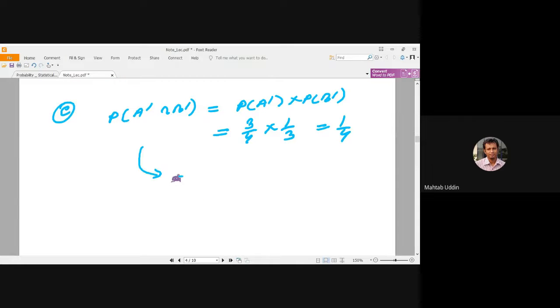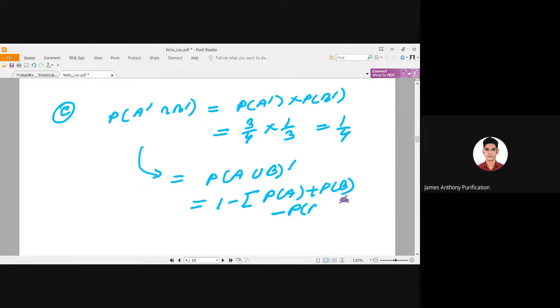That is 1 minus P of A union B, which is P of A plus P of B minus. Look at this, it is so lengthy, right? Yes, sir. So I am ignoring this. It's better, right? Okay, sir.